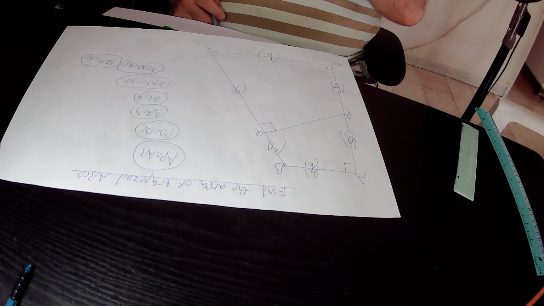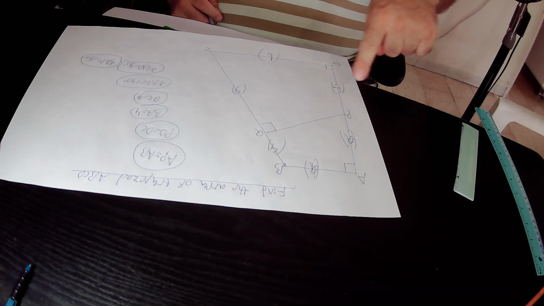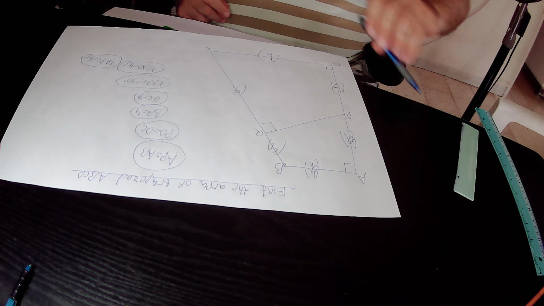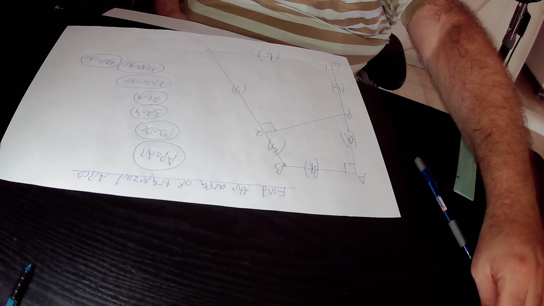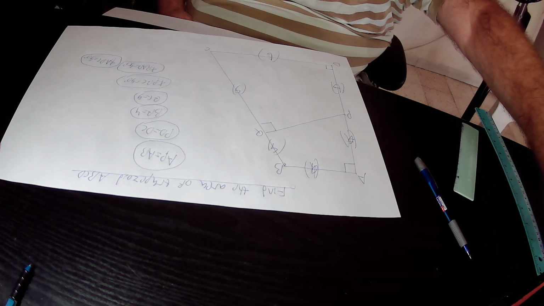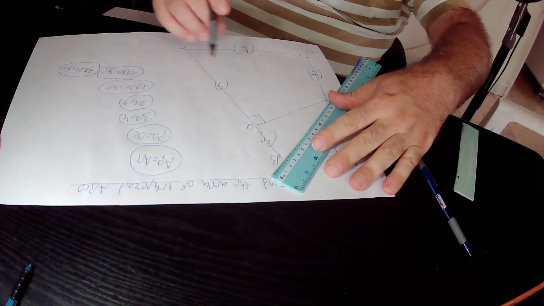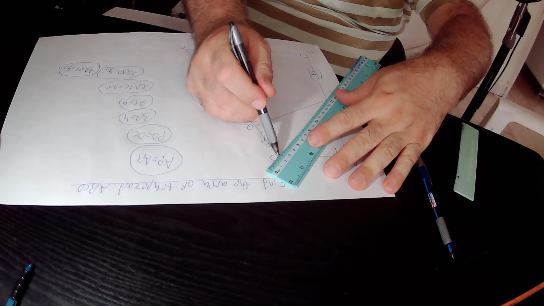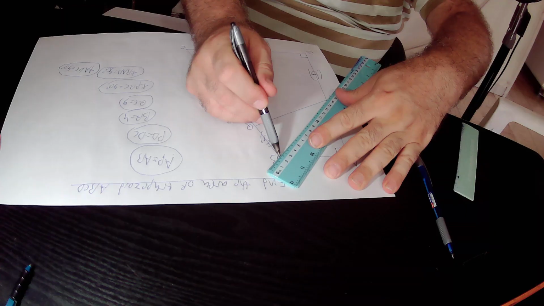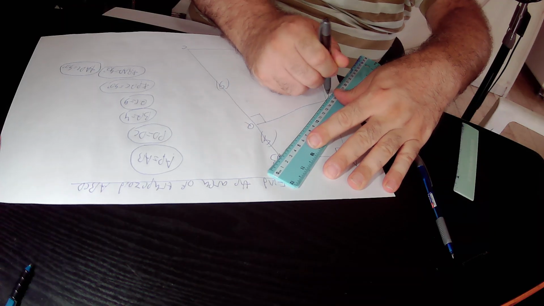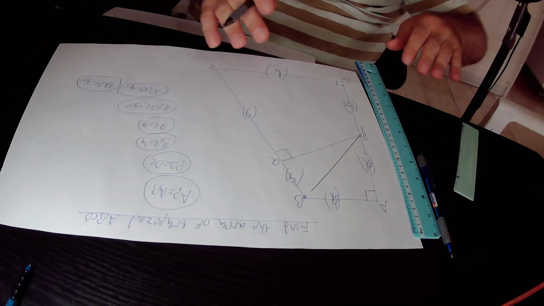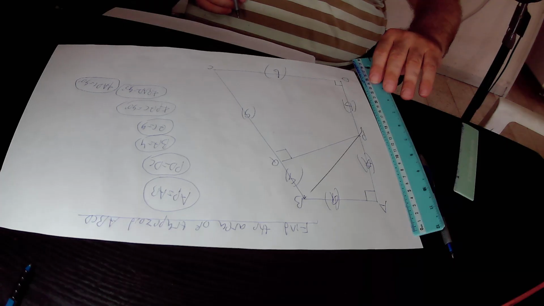In the next step, we will join points B and P together by a straight line. And we join points P and C together by a straight line.